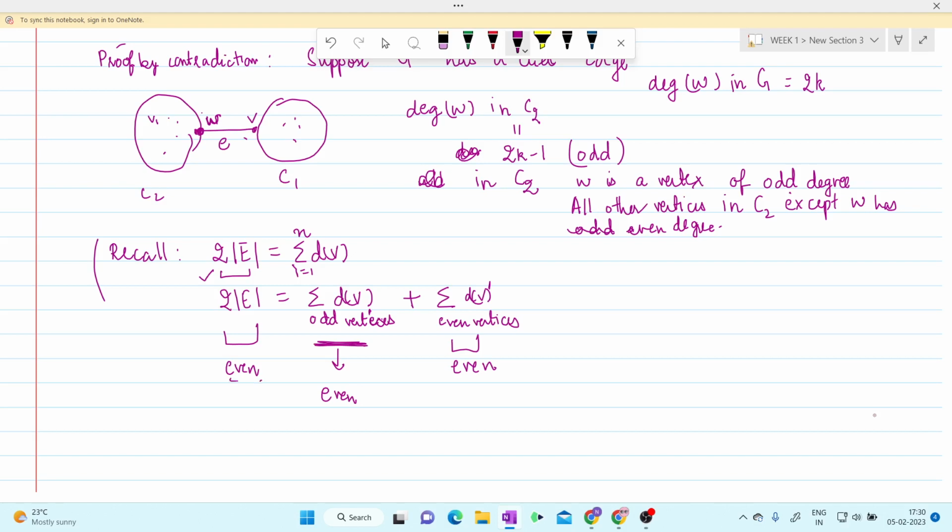But we are adding odd numbers, so this sum can be even only if we are adding an even number of vertices. So the number of vertices with odd degree in a graph should be even.